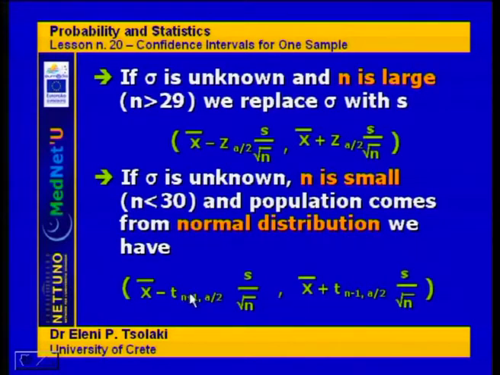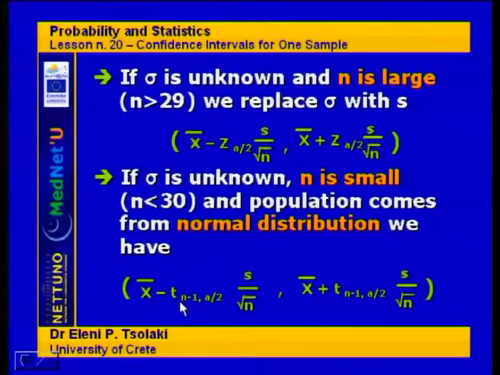Now the t-student distribution has one characteristic, called the degrees of freedom, and the degrees of freedom will be n minus 1. How degrees of freedom are calculated is not in the scope of this course.